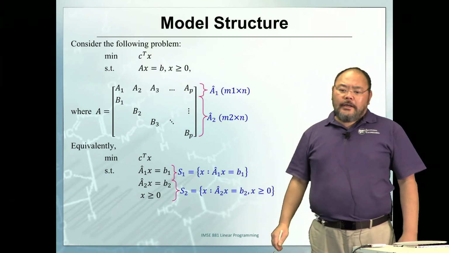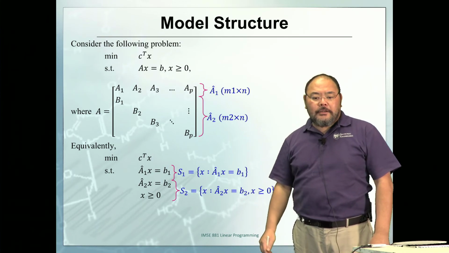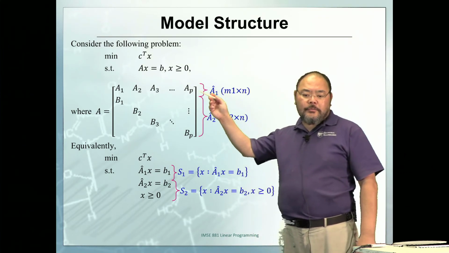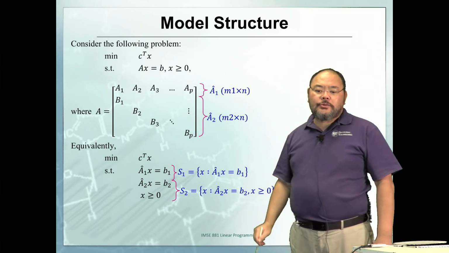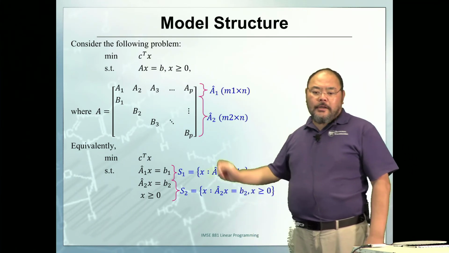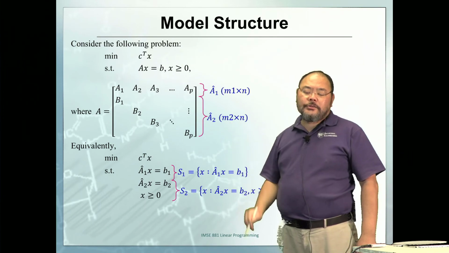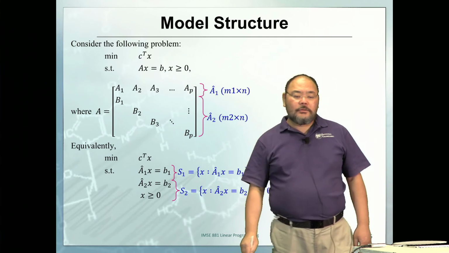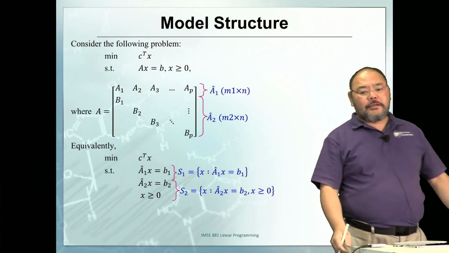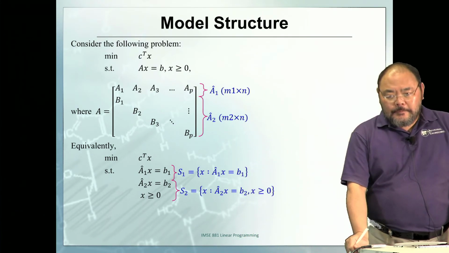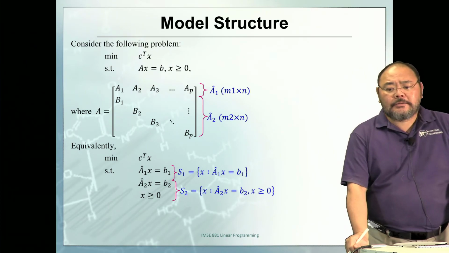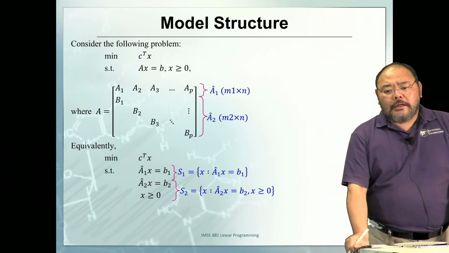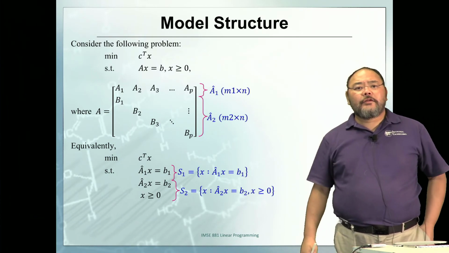Many times in the literature, you will see that these A1 matrices represent the constraint called the global constraint, and the A2 involving all the B matrices are so-called local constraints. For example, in a capital budgeting problem, the headquarters is trying to determine which projects belong to each one of the branch offices.